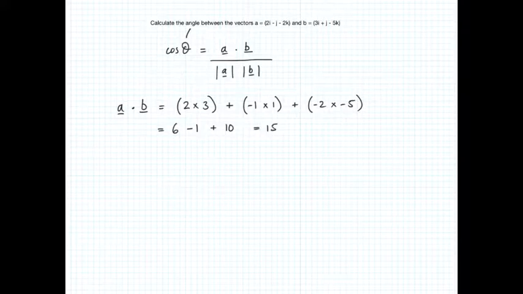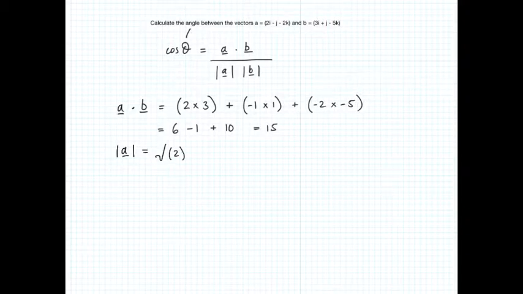Next, we need to know the magnitudes. So the magnitude of vector A. The magnitude is the length of our vector. Thinking about it, if it was just a 2D vector, the length would be the hypotenuse of a triangle. So all we've got is a 3D vector, so it's the same concept. What we do is we take the square root of the square of each one of the i, j and k terms.